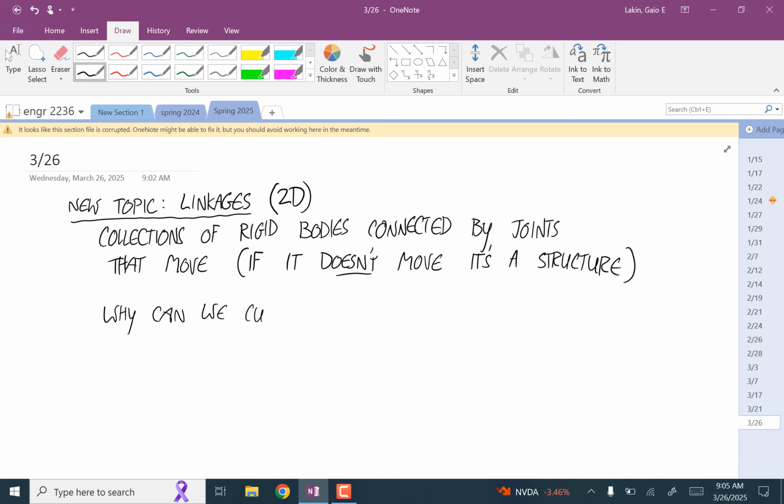Why can we currently only do rigid body kinetics in 2D?